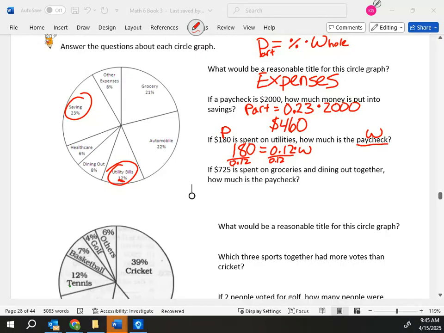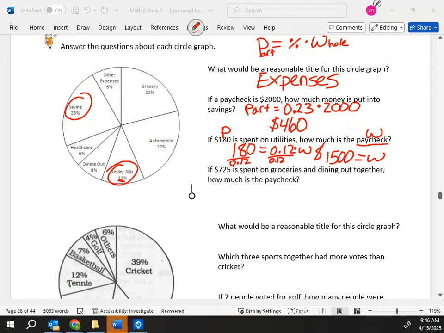15,000. Wait, 1,500. So 1,500 is our whole. That equals our whole. So when we divide it up, we see what our whole paycheck is. So we know the paycheck is going to be bigger than how much we're spending on utilities.